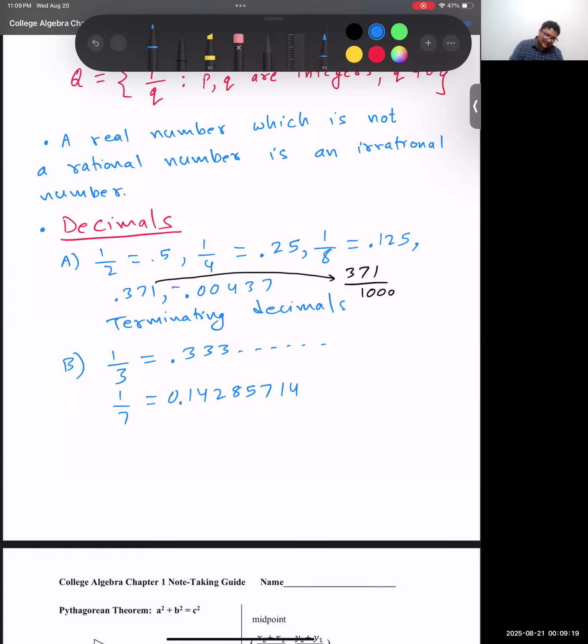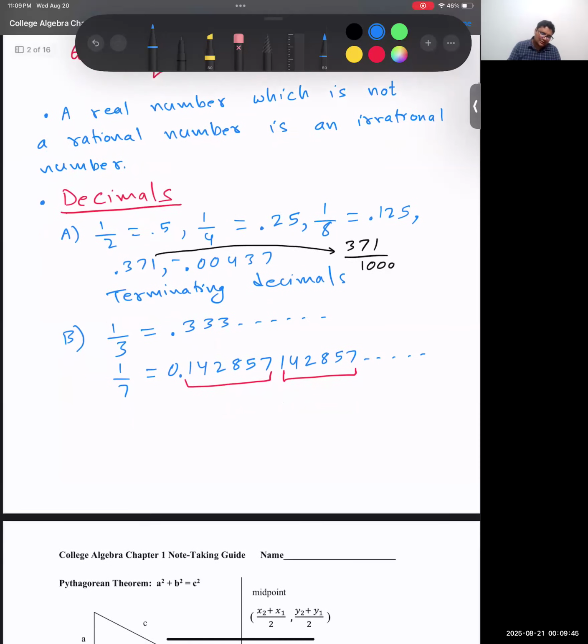And then it will repeat 142857 and so on. This chunk will repeat. So again, you are observing that when we say repeating, it is not just one number repeating, it could be a block repeating. And in both cases, you see that they are fractions as well.